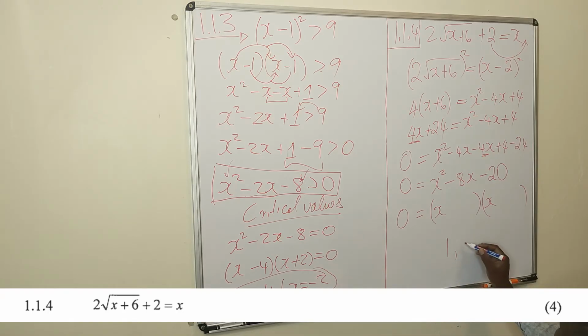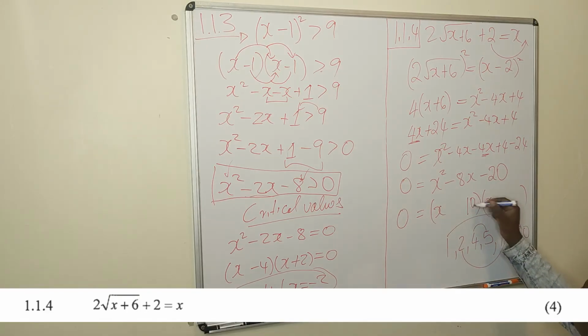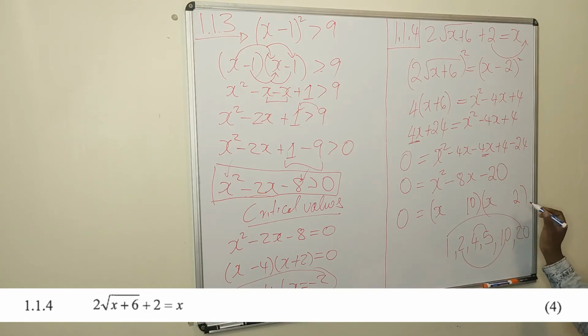It's 1, 2, 4, 5, 10, 20, right? So this and this, this and this, this and that. So these are factors. So what we take, we have your 10 here, and you have your 2 here. You have your minus, you have your plus. These are factors.